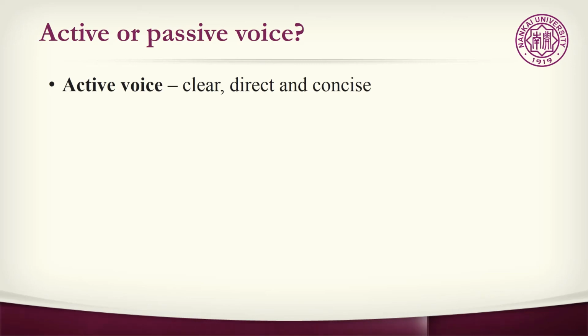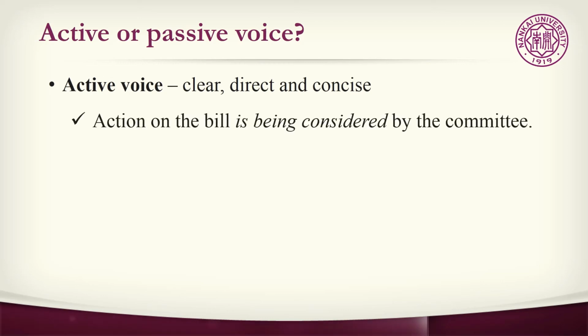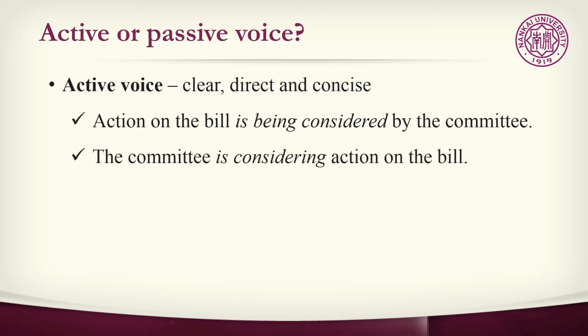For instance, if we compare the following 2 sentences, action on the bill is being considered by the committee, and the committee is considering action on the bill, we can easily notice that the second one is much shorter using active voice. Therefore, to make writing clear and direct, writers prefer the active voice, especially in non-scientific writing situations.